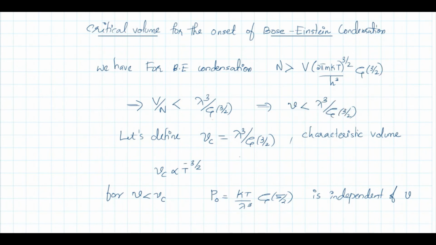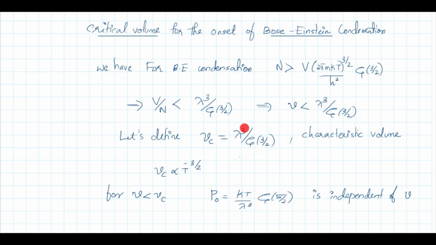Let's define this limiting value as Vc, the characteristic volume, given by lambda cube divided by zeta of 3 by 2. Then if V is less than Vc, we will have Bose Einstein condensation.